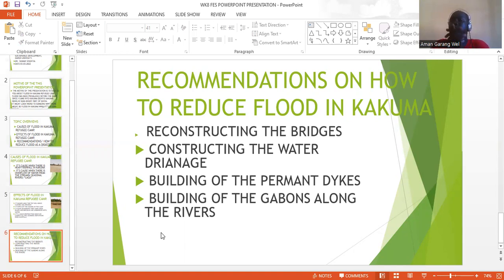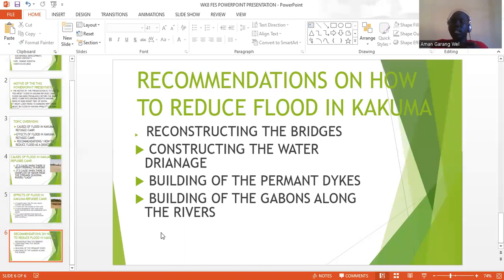Second, constructing water drainage. When the water drainage is constructed, the water in the community can simply drain away from the community so that the flood cannot negatively affect us, because the water will not be contained in the community.